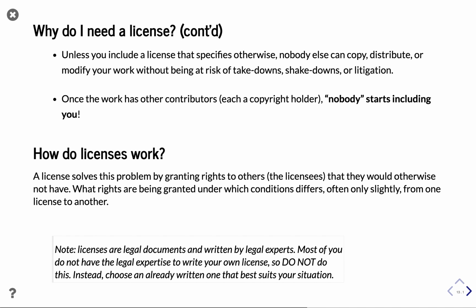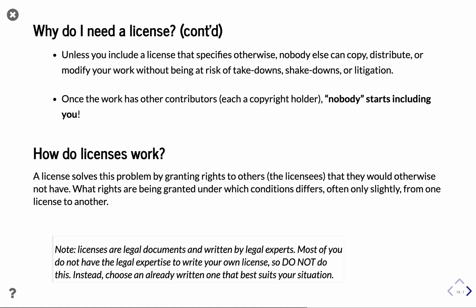Now, one note before we move any further: licenses are legal documents written by legal experts. Most of you, including myself and everyone else on the MDS core teaching team, do not have the legal expertise to write our own licenses. So we should definitely not do this. Instead, you have two options.